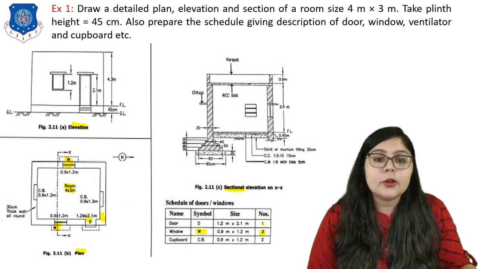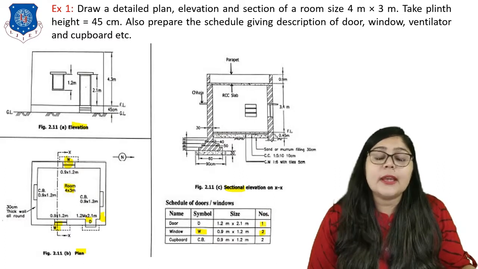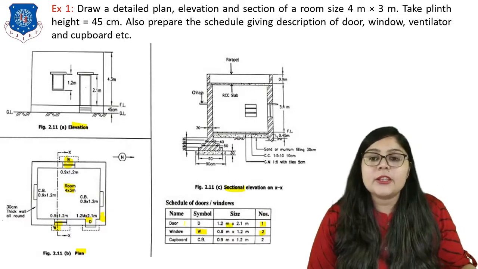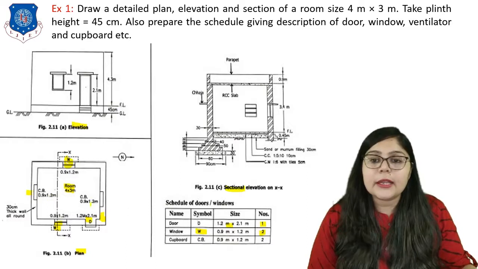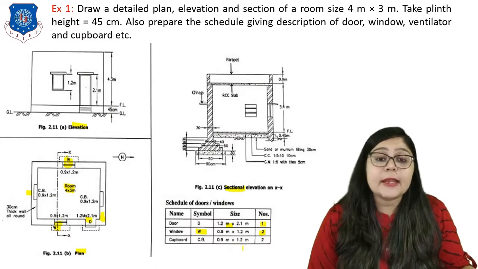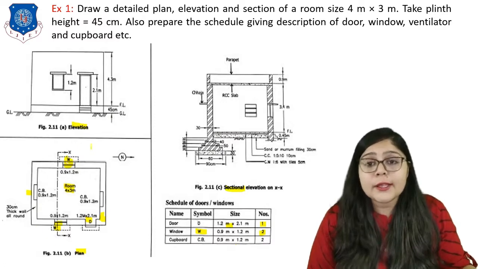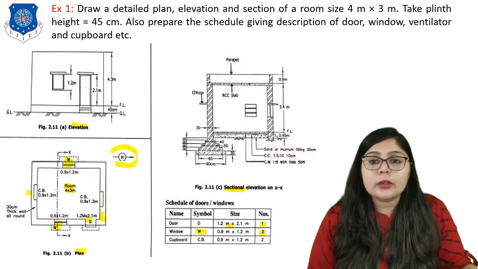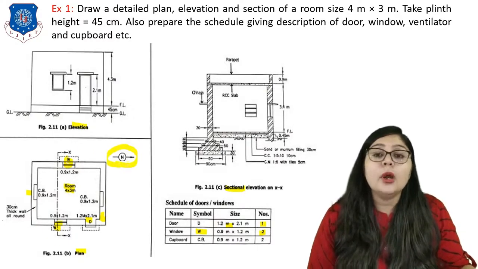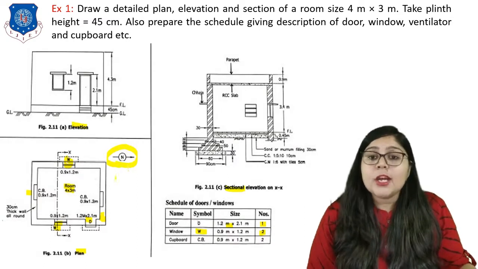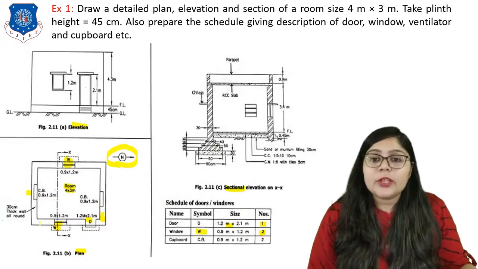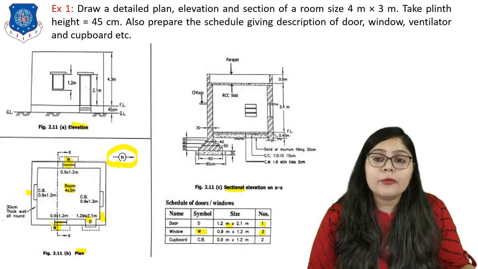A single door is there, so I have mentioned it as 1 and its size is mentioned over here. Even the cupboards are there, and their respective sizes and number are mentioned over here. But I can draw all these with respect to north. And as I said, I have to put a specific marking, right? So this is the north. With respect to this, I have to arrange my door and window.